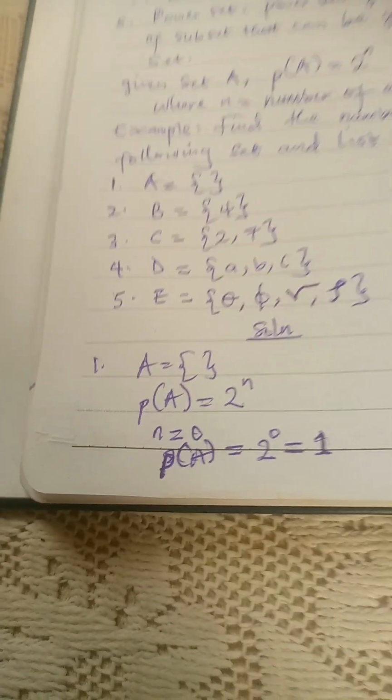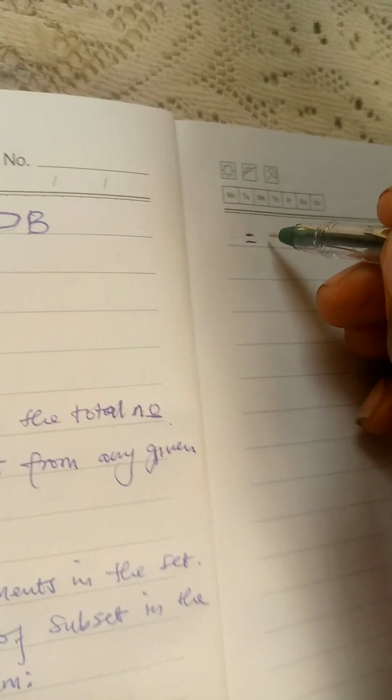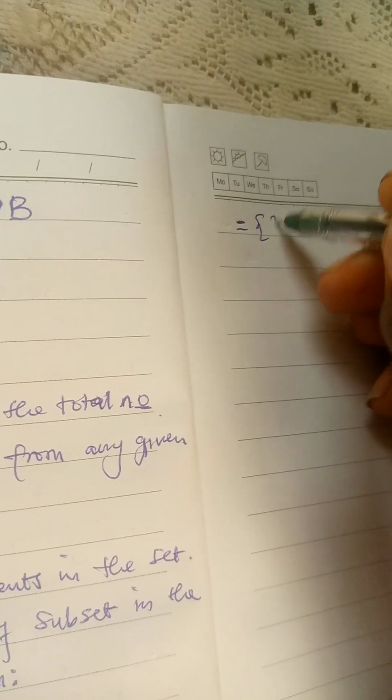Now that we've gotten the power set of A, we can list it out. This power set is saying that the only subset we can find in set A is just one subset. If we are listing that subset out, it will be just an empty set.